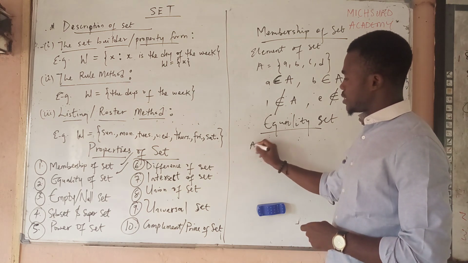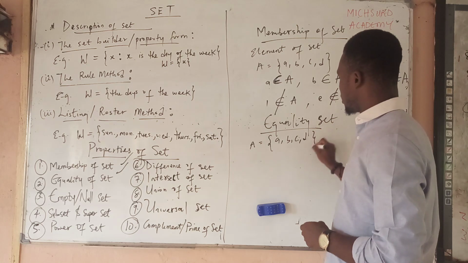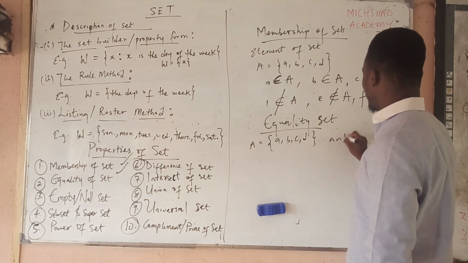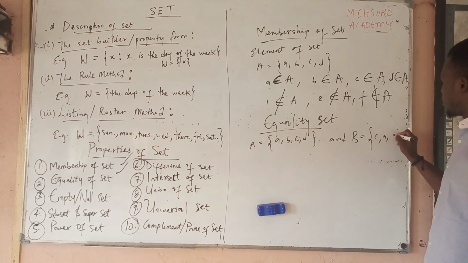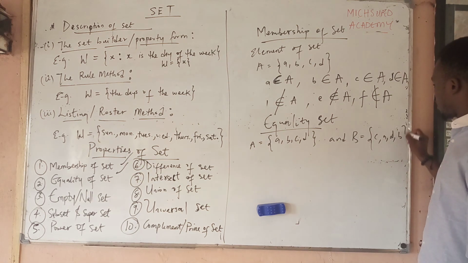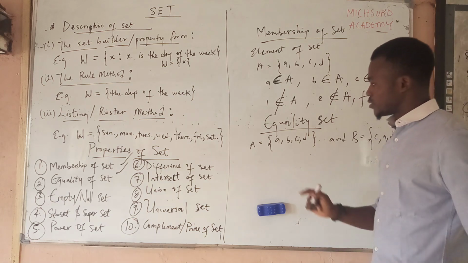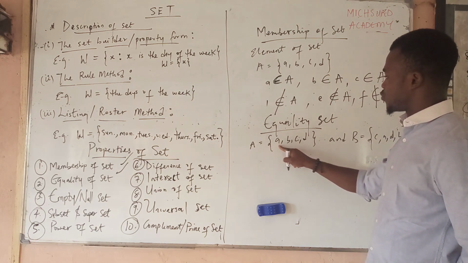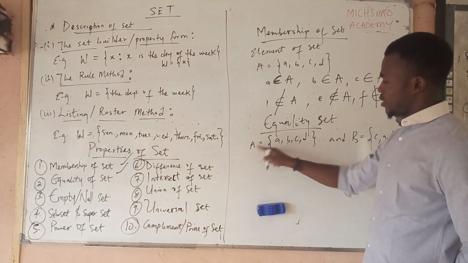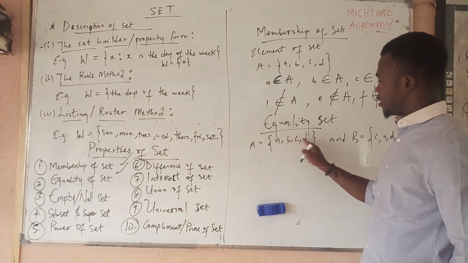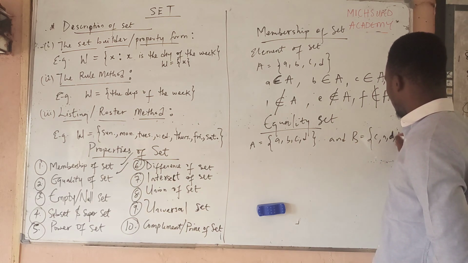If I give you set A to be equal to A, B, C, and D, and I give you set B to be equal to C, A, D, and B. Now if you watch very closely, you see that the elements that we have in set A are A, B, C, and D, and that we have in set B are C, A, D, and B.